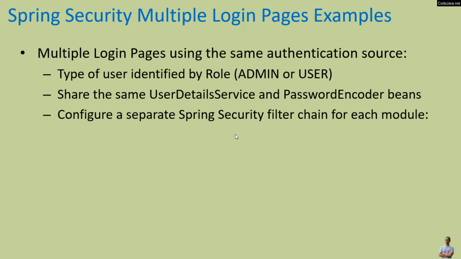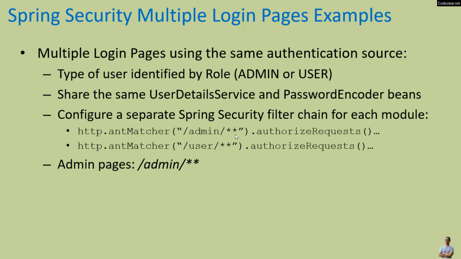And then we need to configure a separate Spring Security filter chain for each module using the HTTP security and matcher statement like this. That means all the admin pages should have the path in the URL starting with /admin, and all the pages in the user module should have the path in the URL starting with /user.